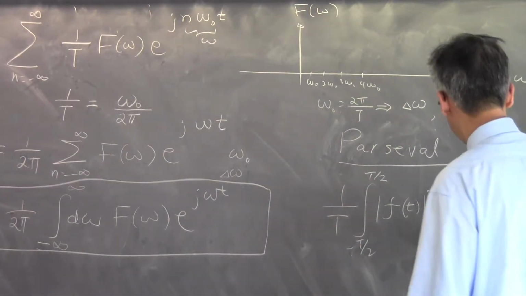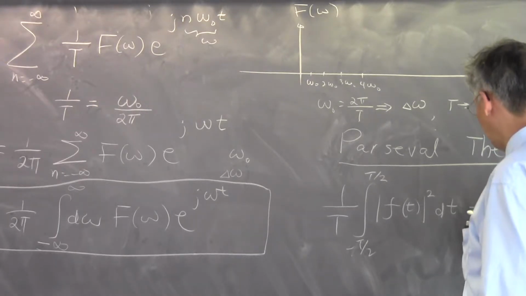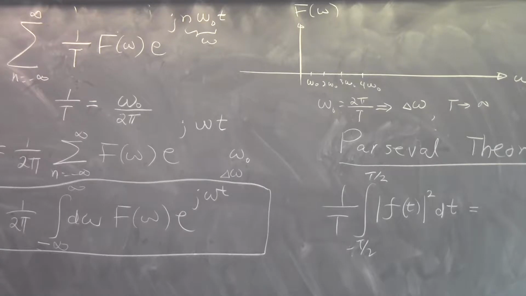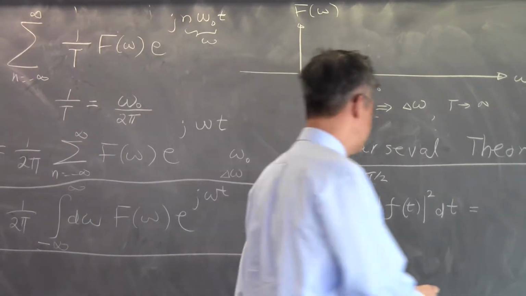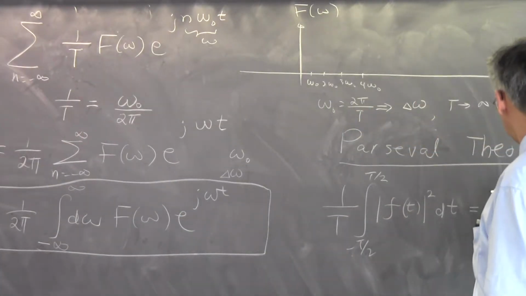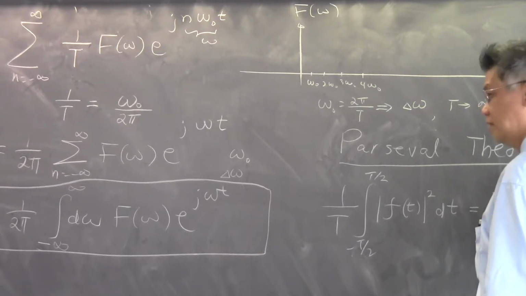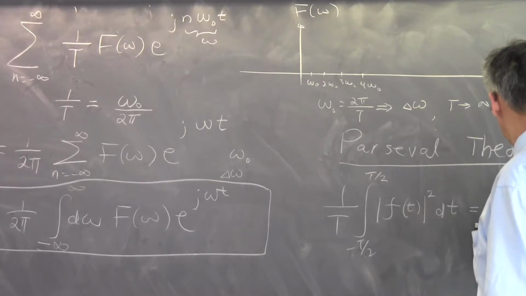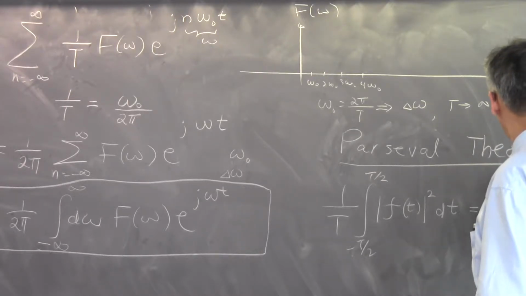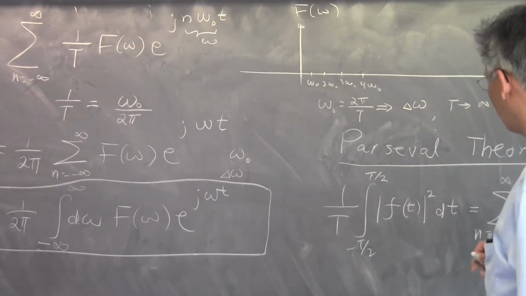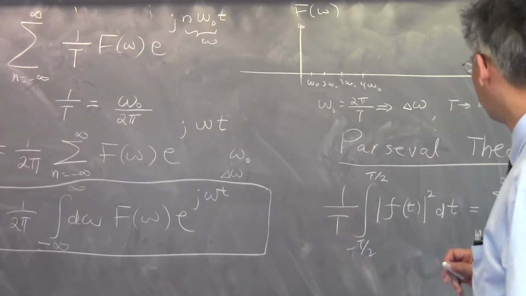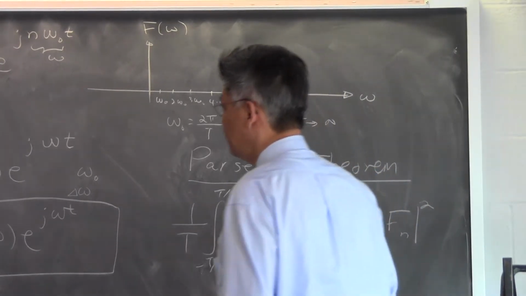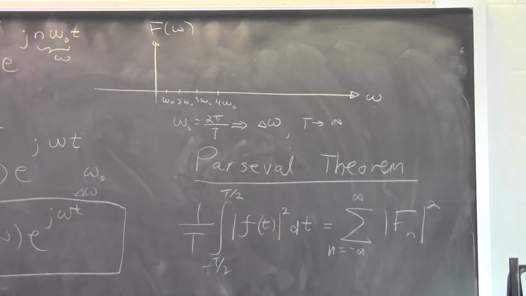And what did Parseval's theorem say in Fourier series expansion that we know from here? Remember what Parseval's theorem says? Sum over magnitude of f_n squared. So Parseval's theorem says something like that, right? For Fourier series expansion. And because of this Parseval's theorem, you can also derive something for Fourier transform.